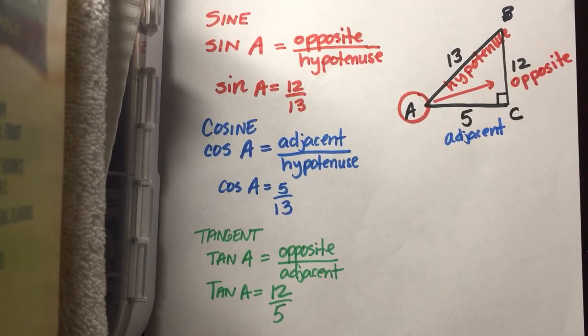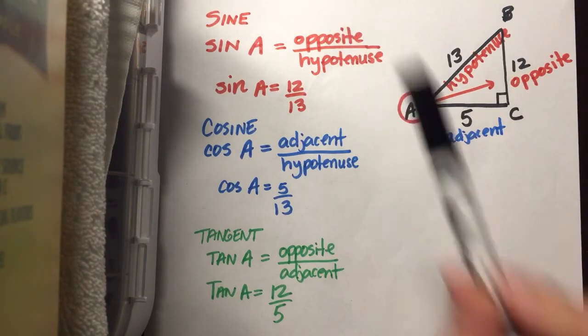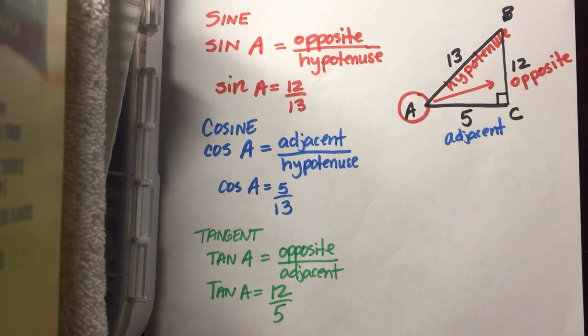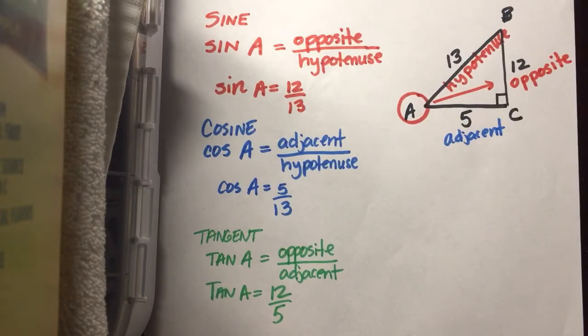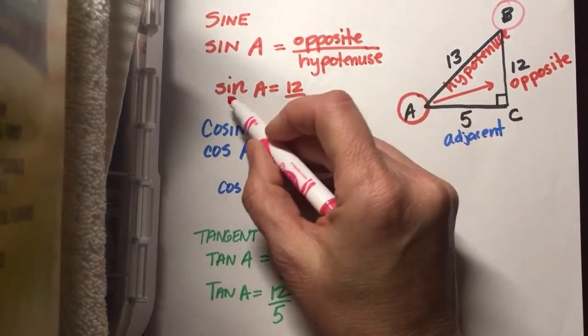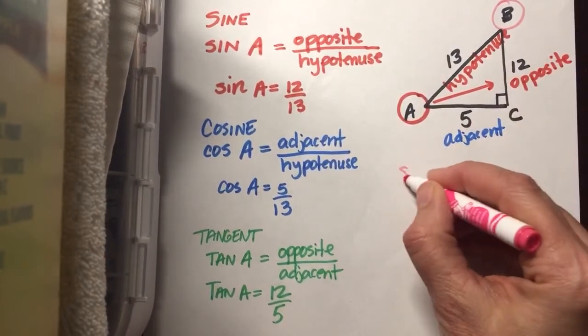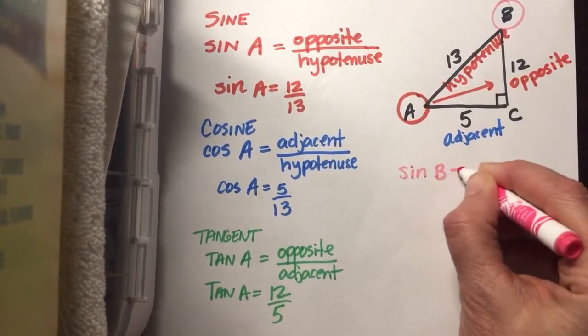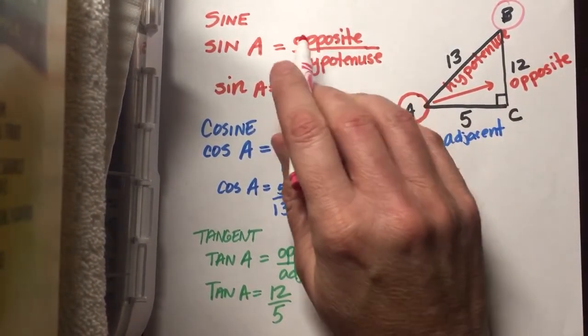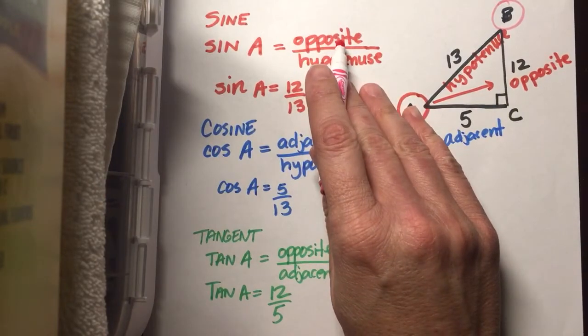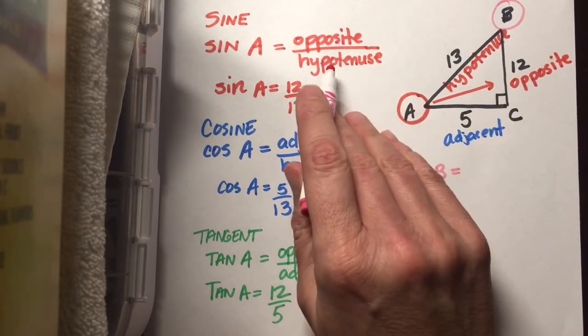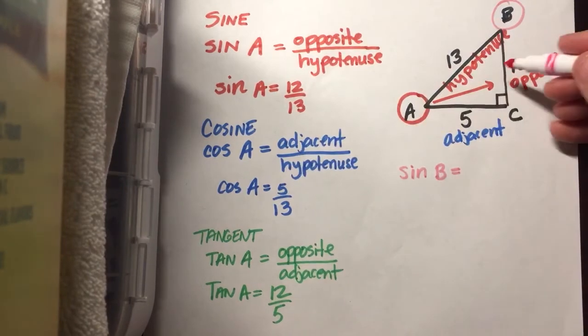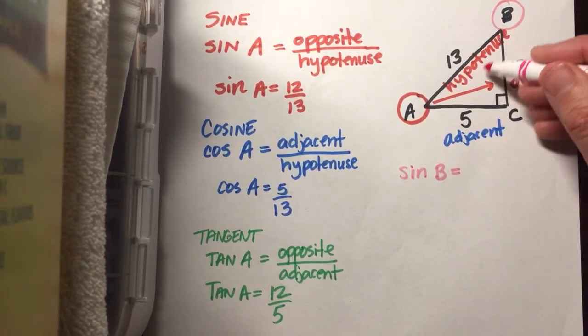Now, I'm going to come over here and go in a different color. Let's look at what happens if I were to choose angle B instead. So instead of doing sine of A, I'm going to do sine of B. Now, sine is the side opposite the angle you're looking at over the hypotenuse. So what's the length of the side opposite B?